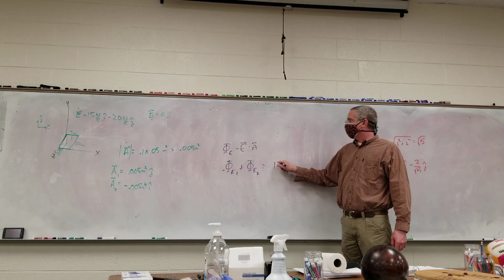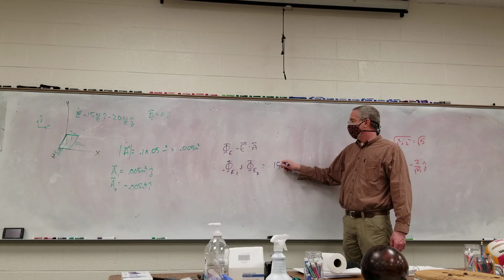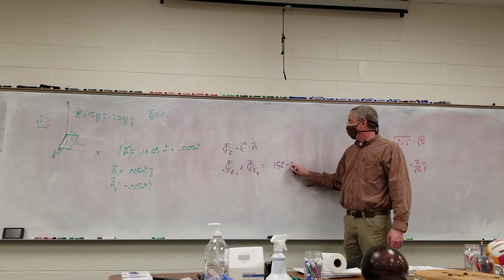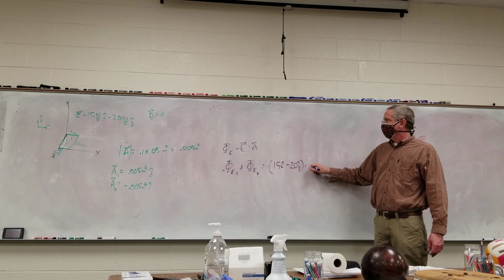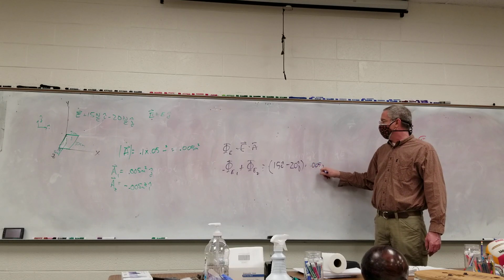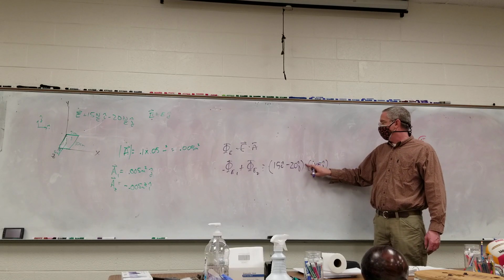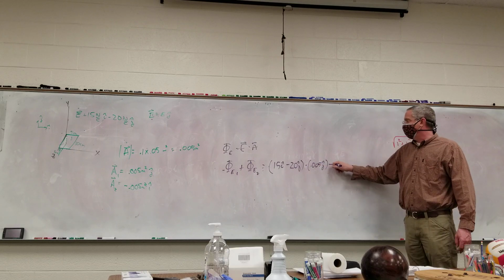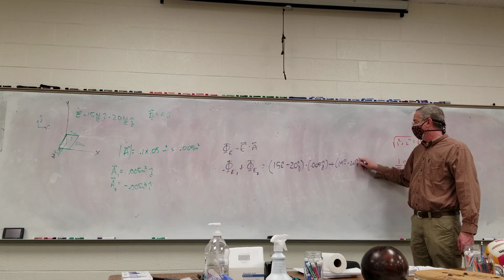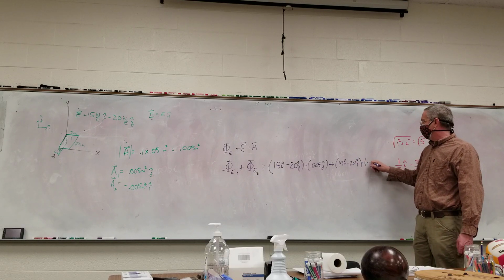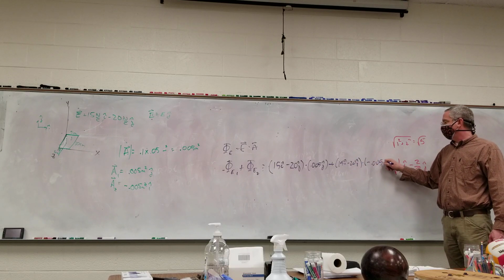And so this becomes 15, I'm going to drop the units for right now, minus 20 J hat dot 0.005 J hat, plus 15 I hat minus 20 J hat dot negative 0.005 I hat.